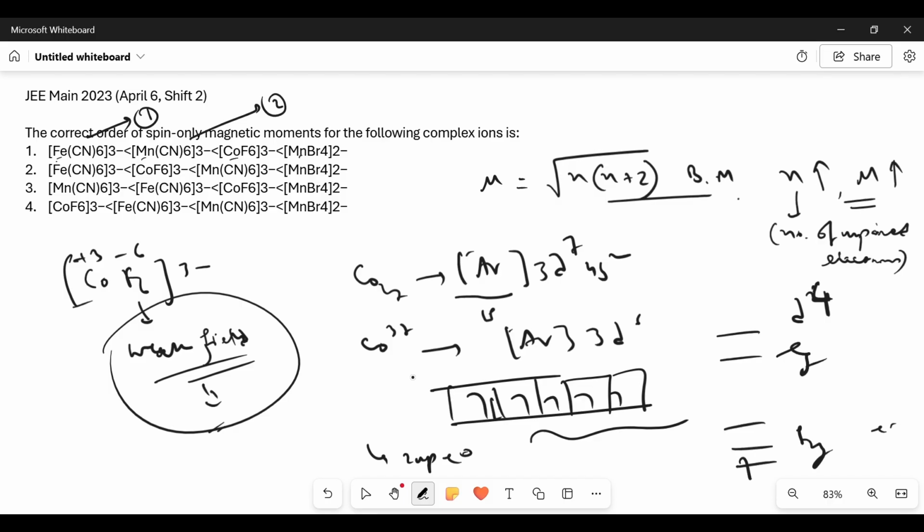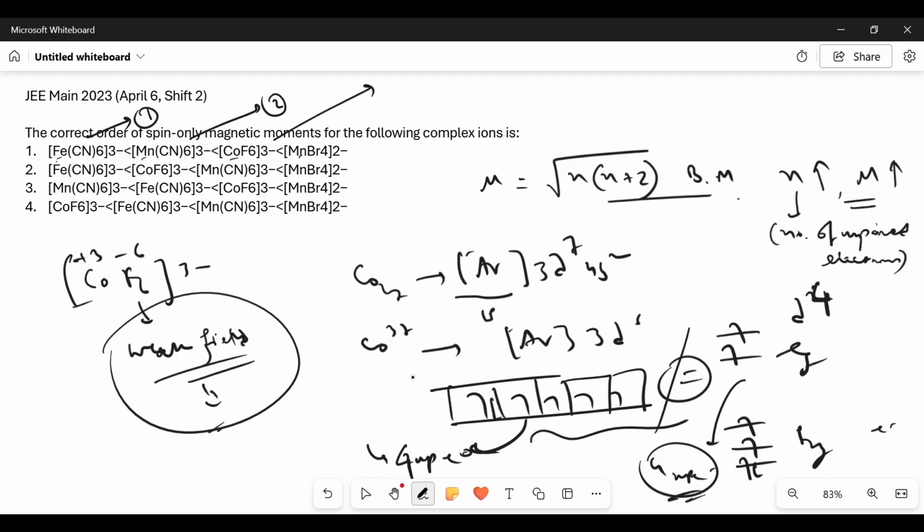The electrons will fill this way: 1 2 3 4 5 6. So there are 4 unpaired electrons in both cases. Here also 4, here also 4. You can do any one, I am just showing you both theories, CFT and VBT. So we are getting 4 unpaired electrons in case of CoF6 3 minus.